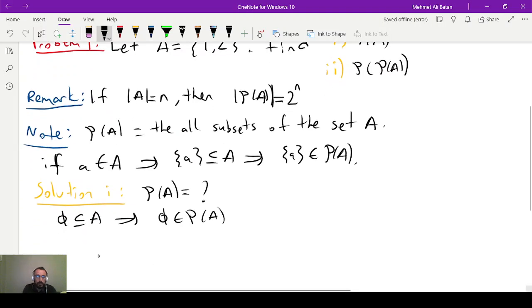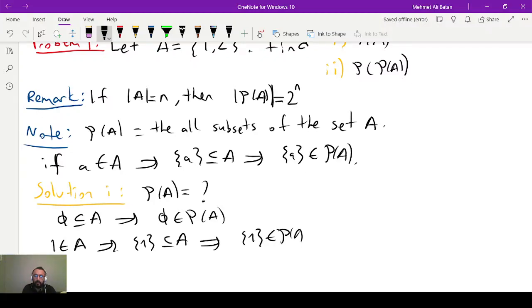Okay, and note that 1 is in A, which implies the set {1} is a subset of A, and this implies this is an element of the power set of A. Similarly, 2 is in A. This implies {2} is a set which is a subset of A, obviously.